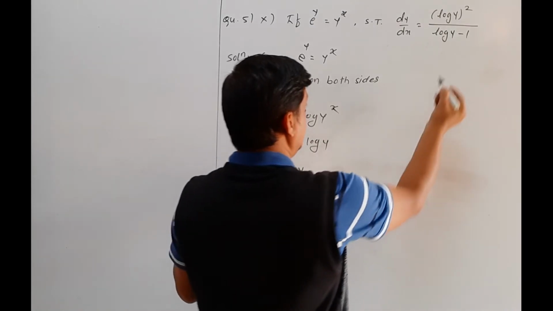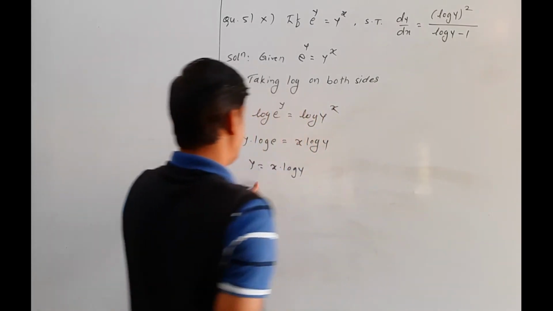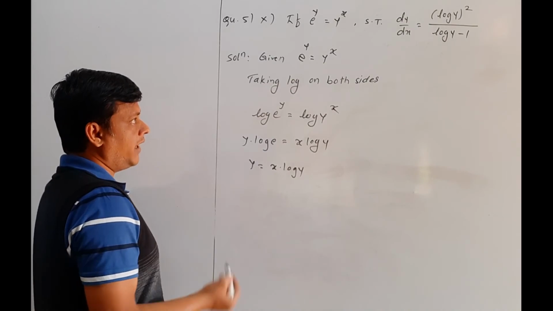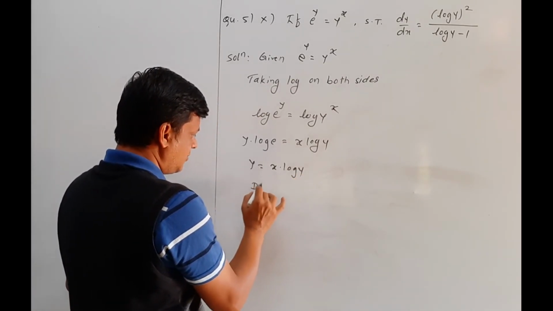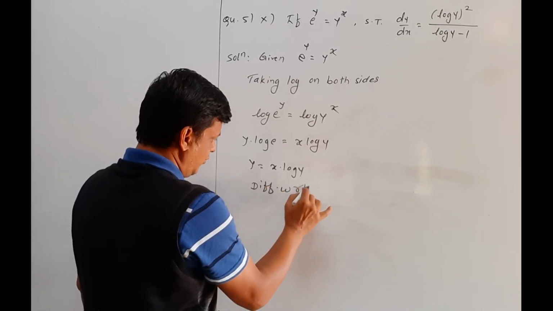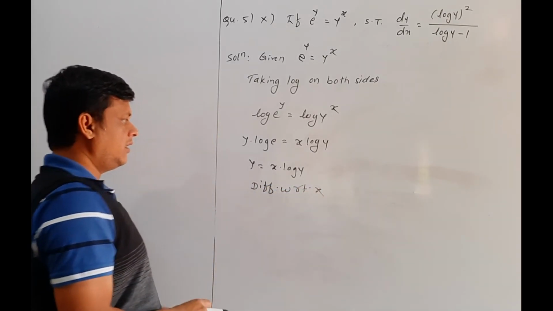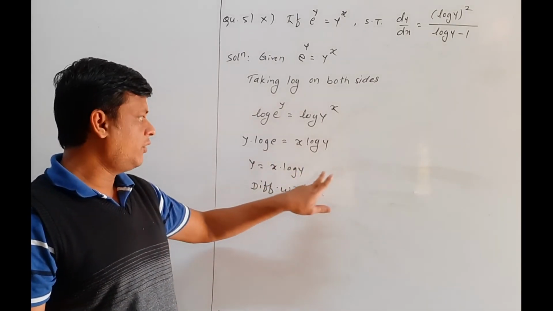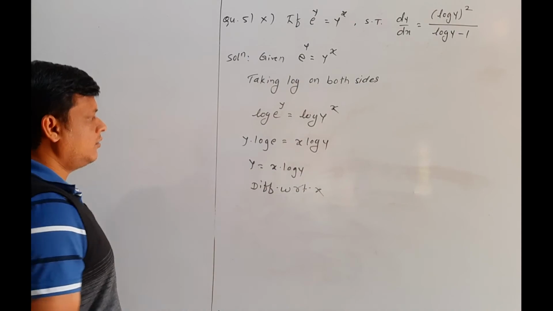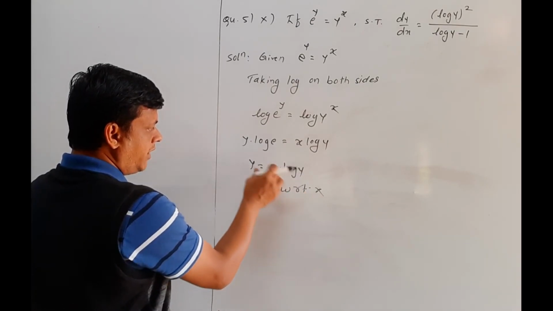So if you observe here, we write log y. That means we require the value of log y. So we differentiate this function with respect to x. Then if we require the value of x log y in terms of y, at that time we denote this as equation number 2. So write the derivative of this first.